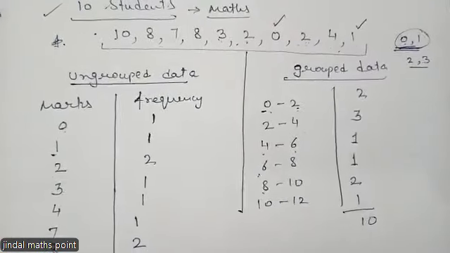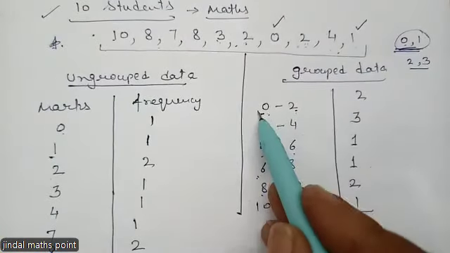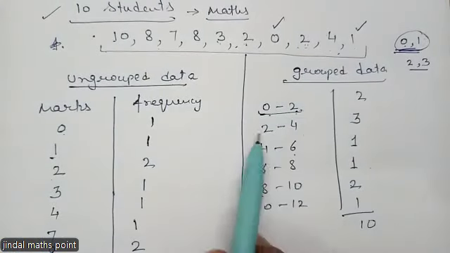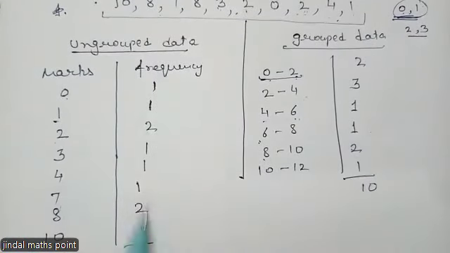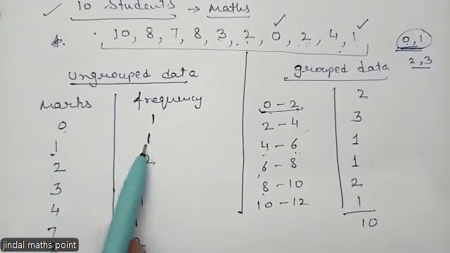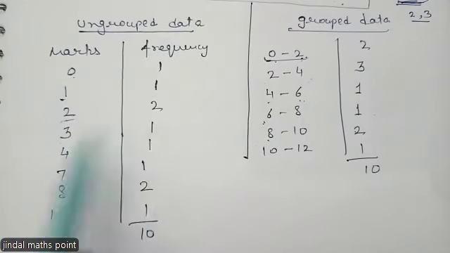That is our main difference between ungrouped and grouped data. Here we will make a group of marks from 0 to 2, 2 to 4, 4 to 6. In ungrouped data, we have to calculate only for single values. How many students scored 0 marks? 1 mark? 2 marks? 3 marks? 4 marks?